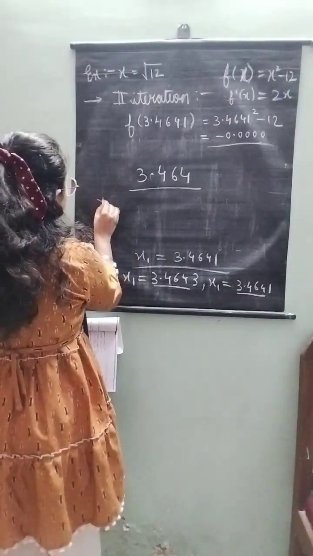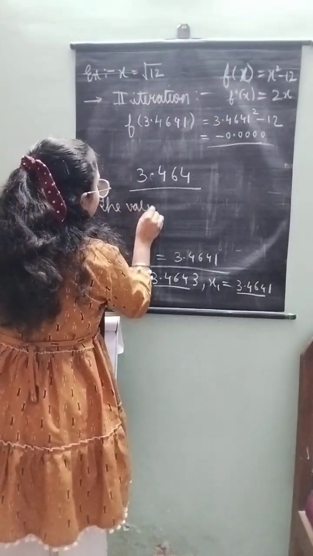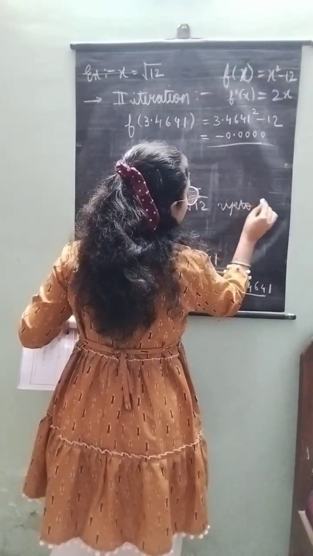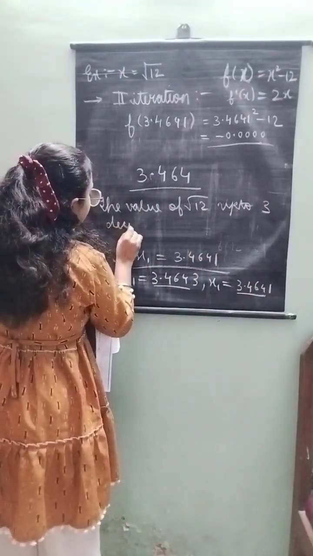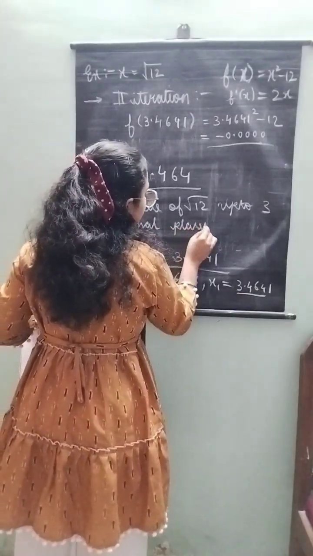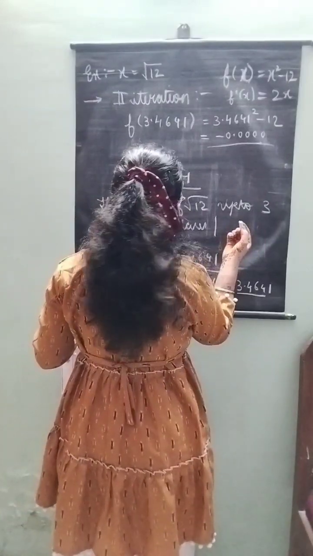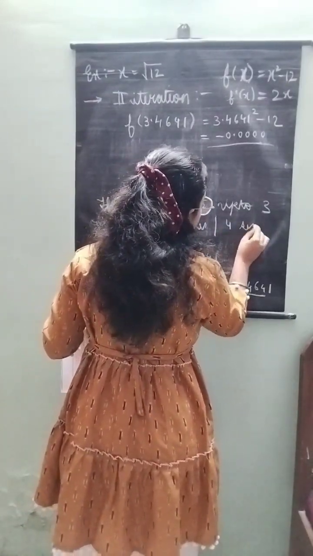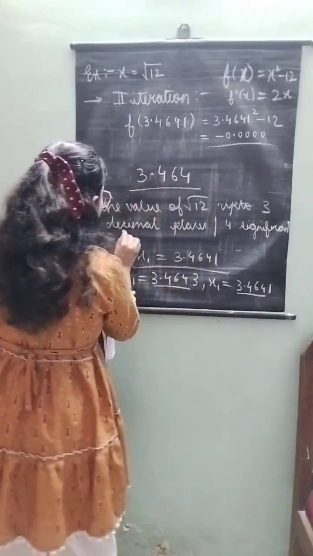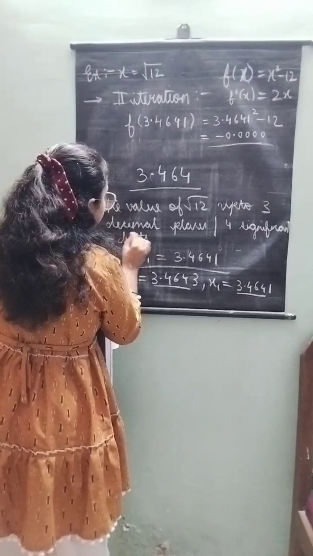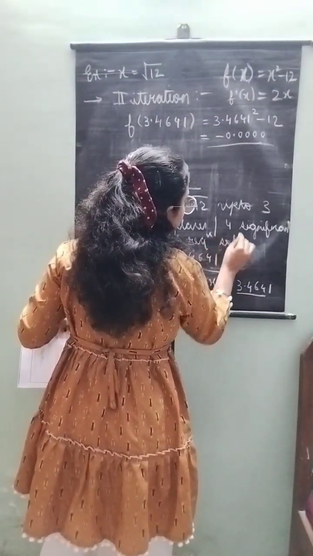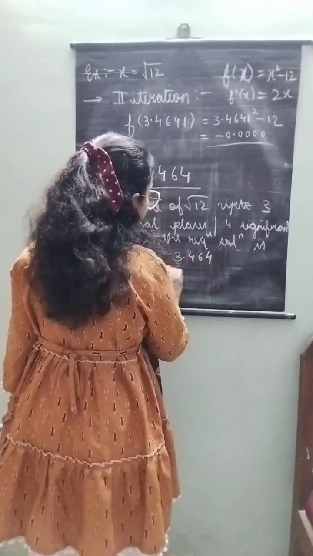So the value of root 12 up to 3 decimal places, or if the question is in the form of up to 4 significant digits, the required solution is 3.464.